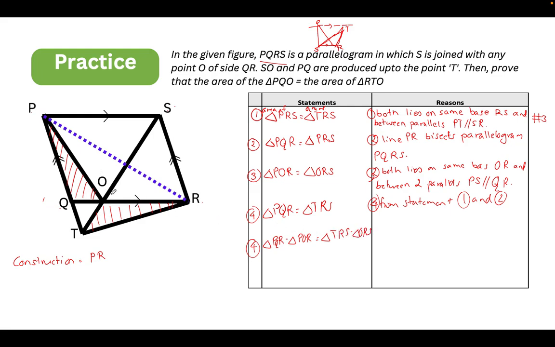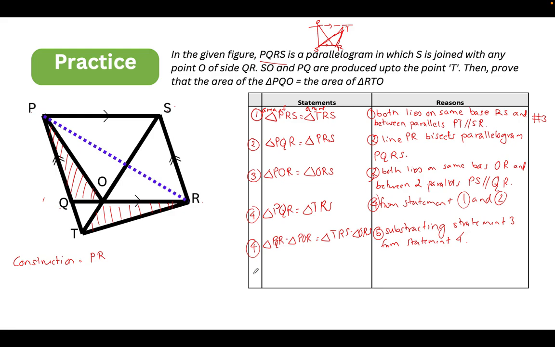So ORS is subtracted from TRS. The reason will be subtracting statement 3 from statement 4.